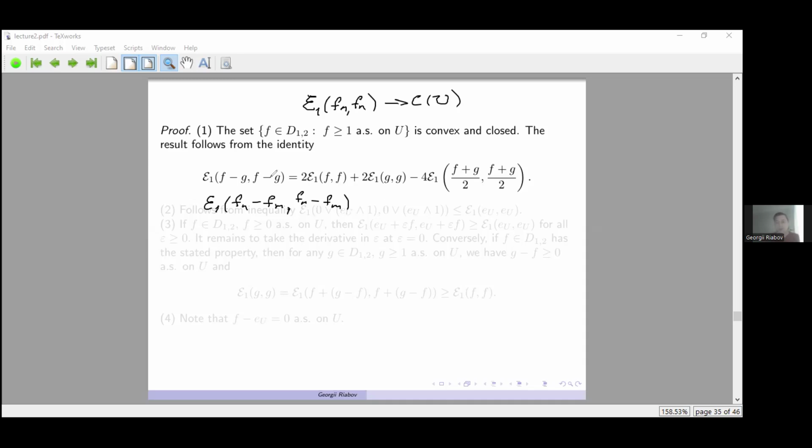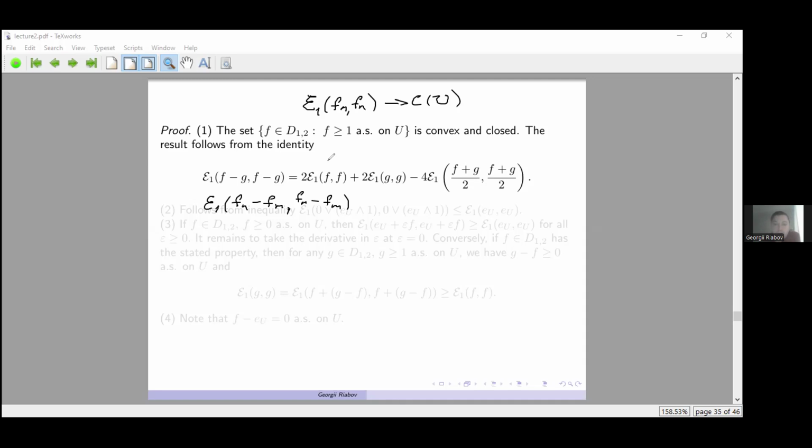By linearity, it can be written as follows: 2 E1 of Fn, plus 2 E1 of Fm, minus 4 E1 of the arithmetic mean of Fn and Fm.